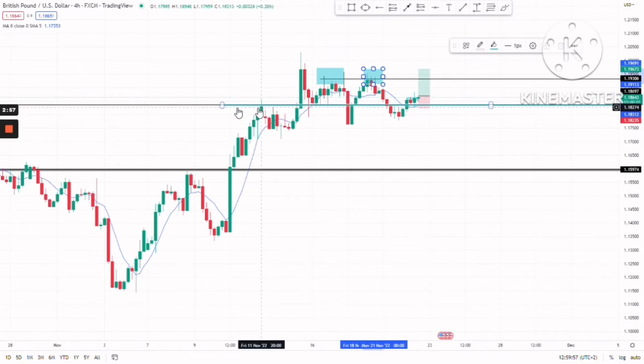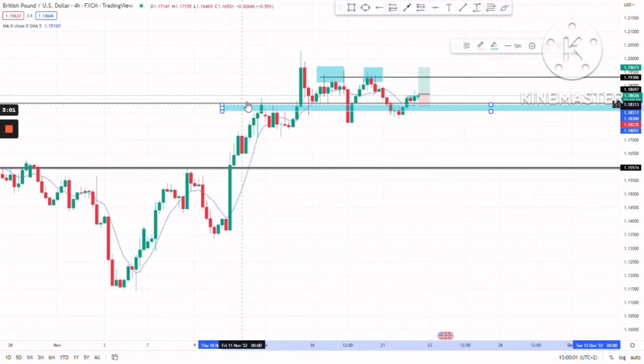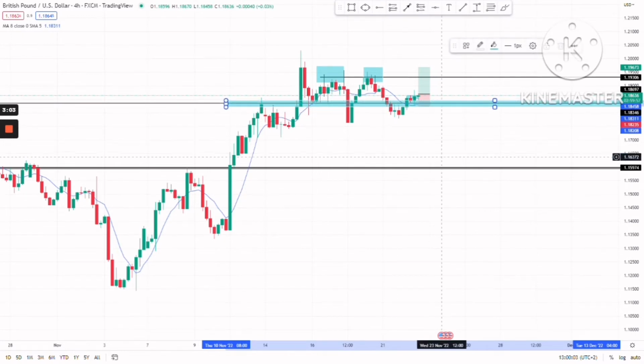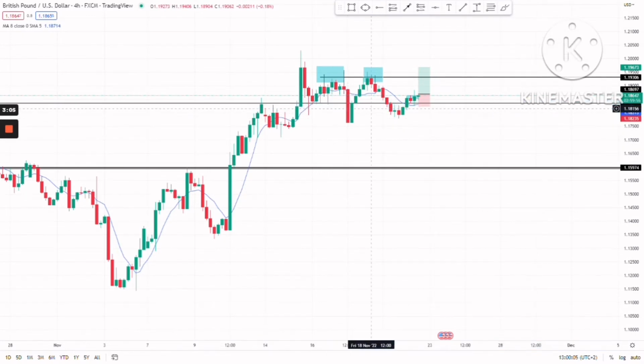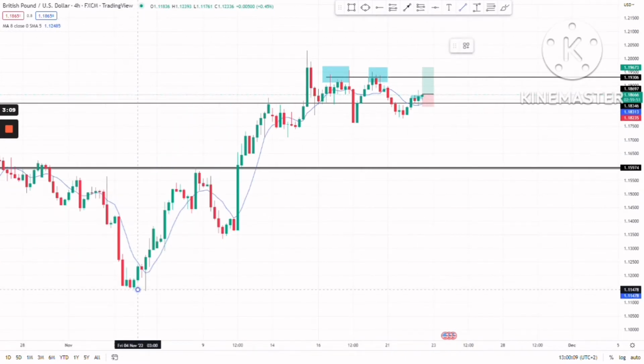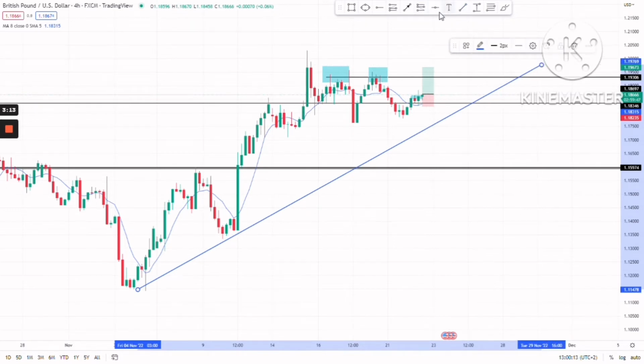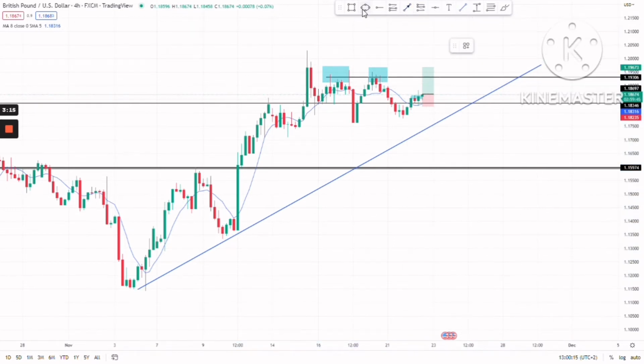But what I did was mark off this level here, because this is a major support level. If price were to break this level, that's when I thought that price could come all the way down here, because that's how the market reacts based on the structure. This double top is a sign of a reversal.